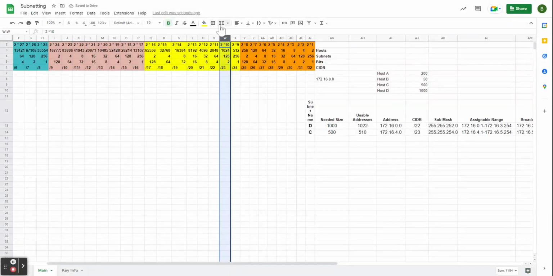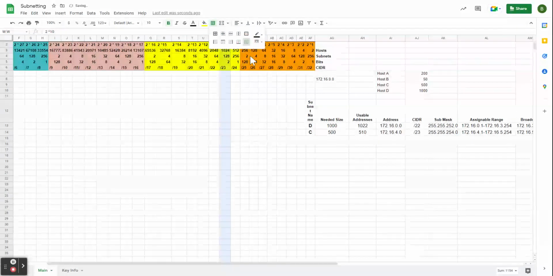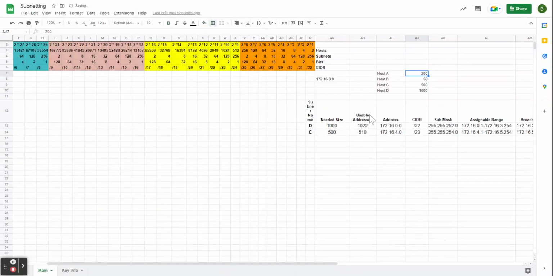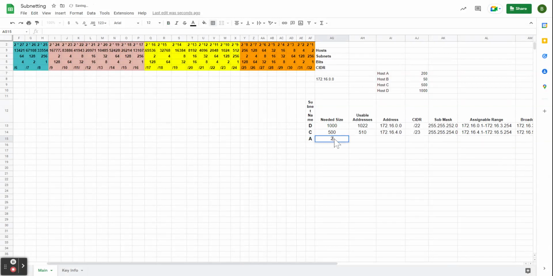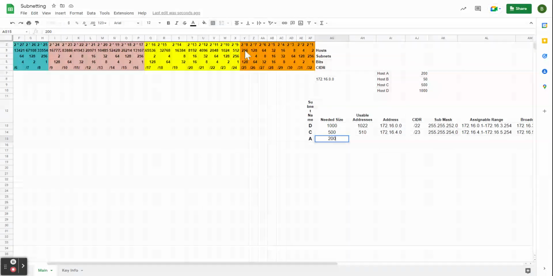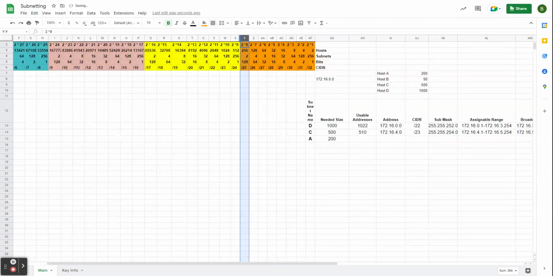So on to the third one. Let's remove our line again. The third one is host A, which is 200. I need 200, so I'm going to have to go for the 256, and I will draw my line to the left of that.